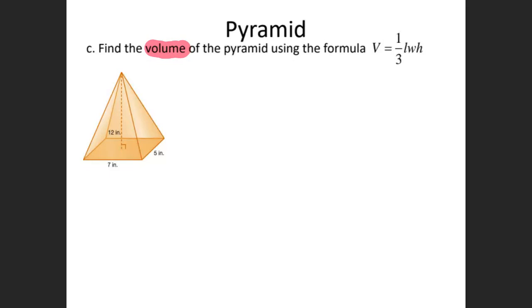Well, this one is pretty good, because the formula is saying volume equals 1/3 times length times width times height.